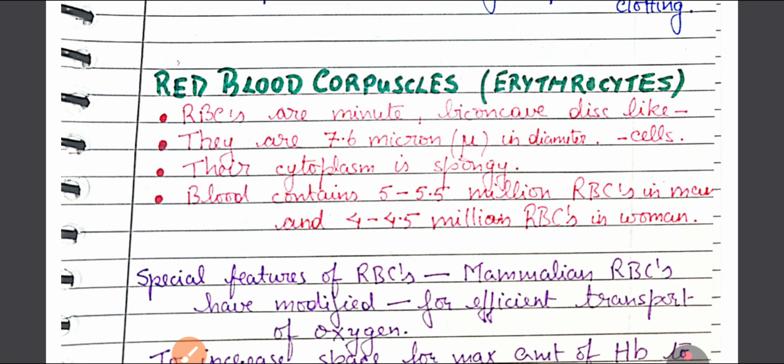Red blood corpuscles or RBCs are minute, biconcave, disc-like cells, 7.6 micron in diameter. What is biconcave? Biconcave means the concavity is on both sides. Their cytoplasm is spongy. Blood contains 5 to 5.5 million RBCs in males and 4 to 4.5 million RBCs in women.